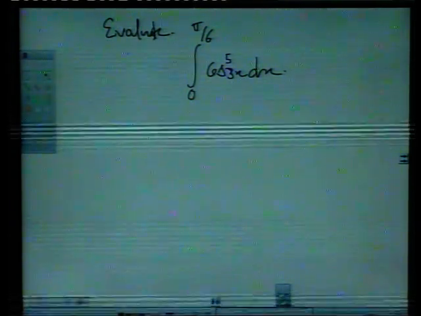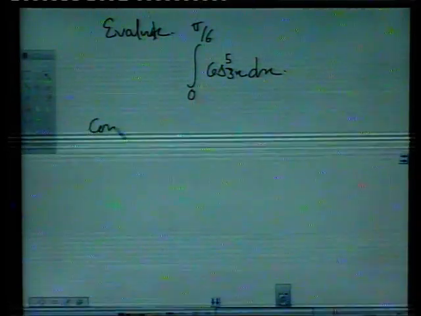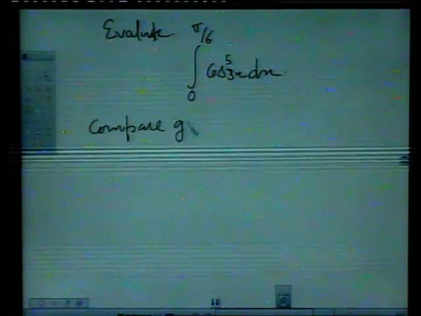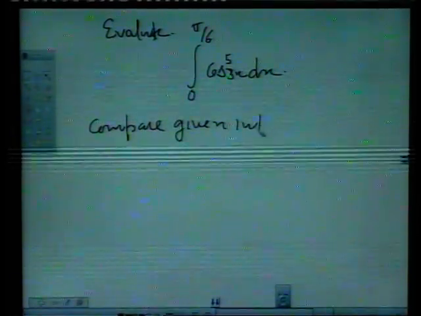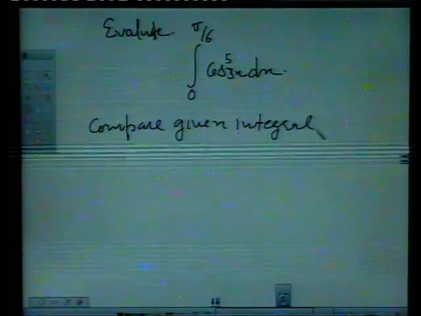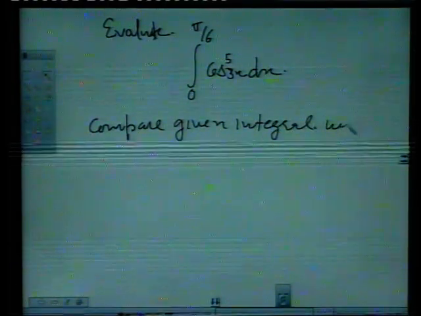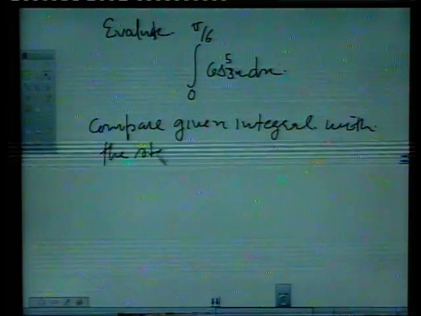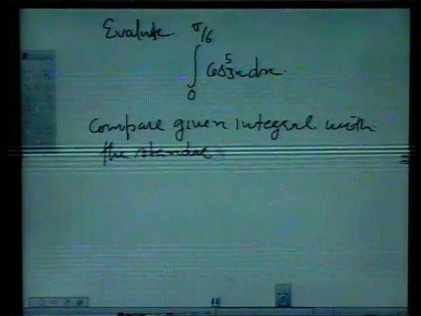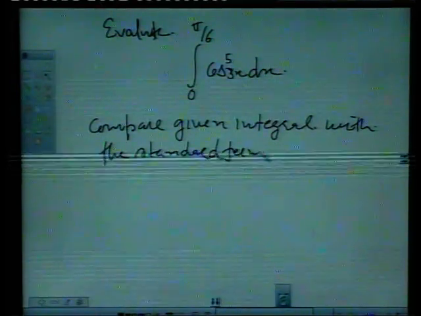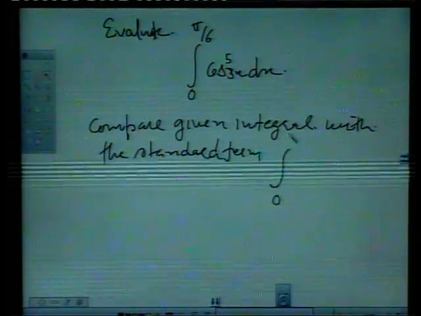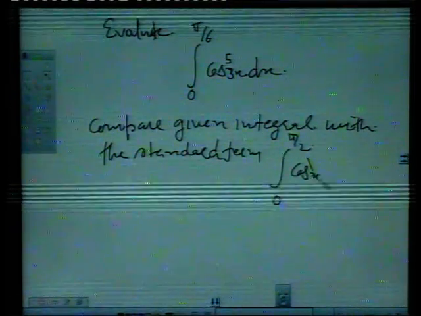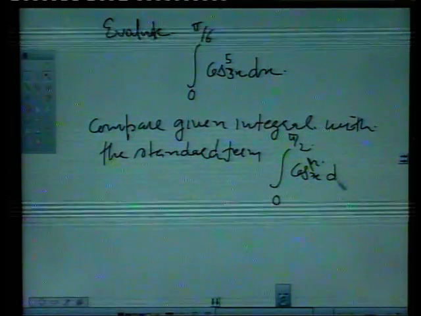Now, compare this given integral with the standard form. The standard form is 0 to pi by 2 cos x raised to power n dx.